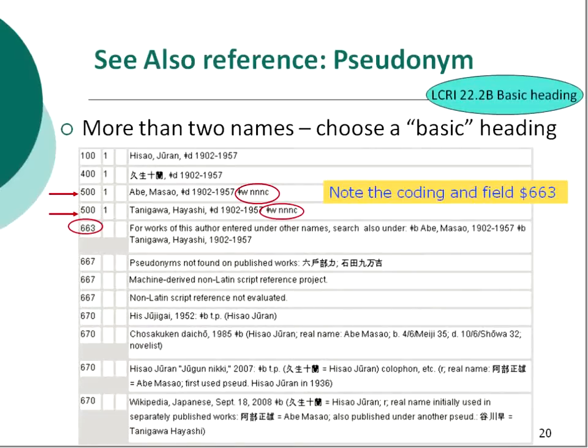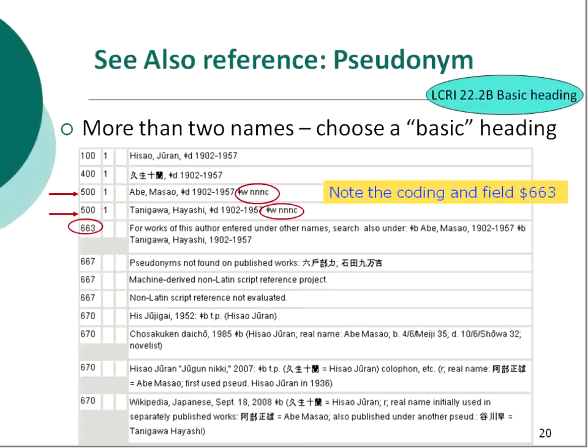Now let's take a look at another pseudonym situation using see also references. What do we do when the author writes under three or more names?